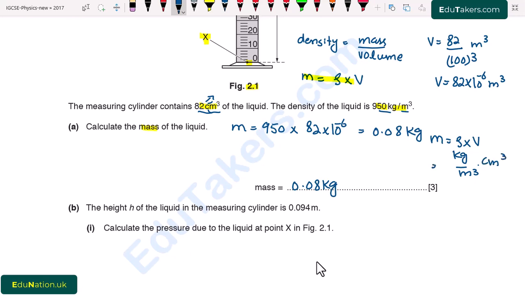Both of these units, that is meter cube and centimeter cube, do not cancel with each other, because the unit of mass is kilogram. So to get the unit of mass kilogram, first of all I convert the volume into meter cube. Here it is meter cube and the unit of density is kilogram over meter cube. So both of these cancel with each other and the unit of mass comes to be kilogram.